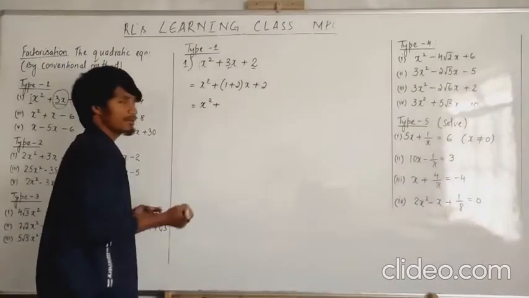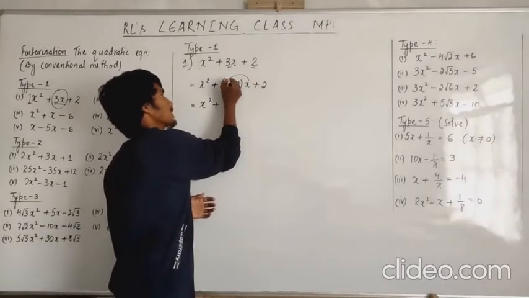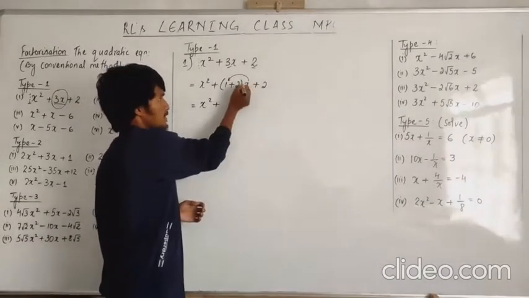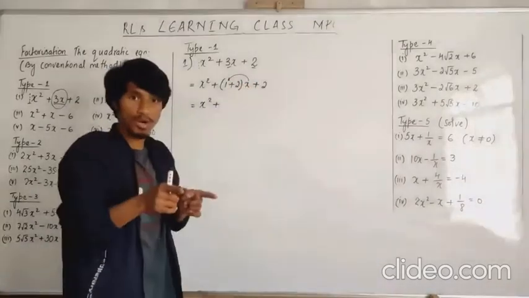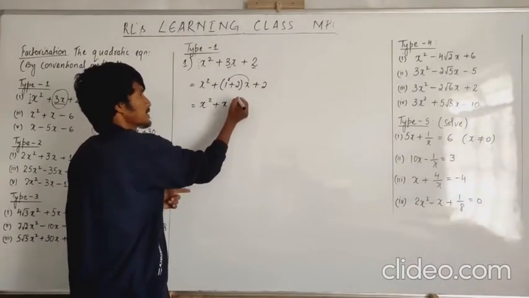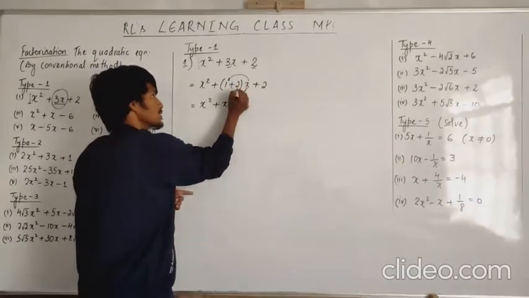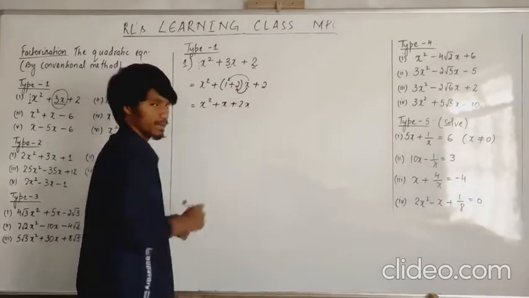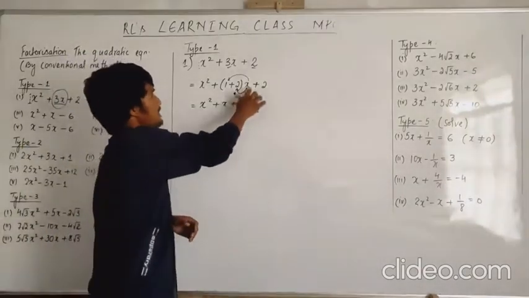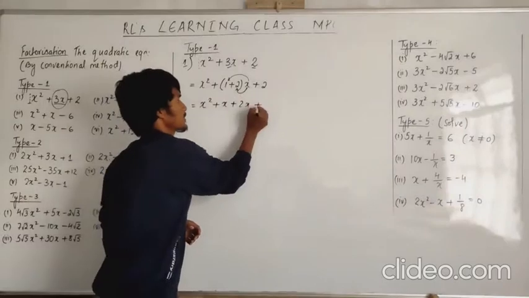Now x squared plus. Now we have to do the multiplication with the middle term. Now x into 1, because here there's a multiply. This bracket means the product or the multiplication. Then x into 1 will be x. We have to multiply this also. Then x into 2, we have 2x, then plus 2.